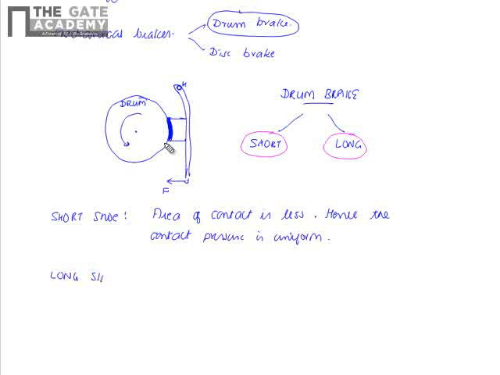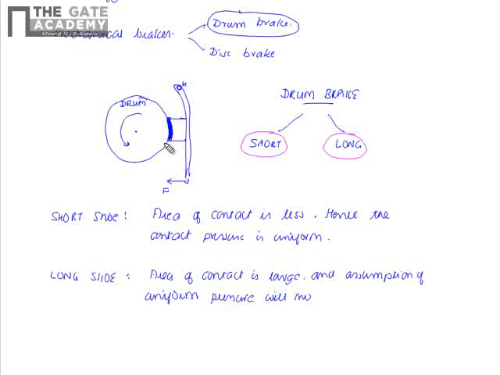That is, for the long shoe, the area of contact is large, and the assumption of uniform pressure will no longer be valid for a long shoe. So, that is the basic difference between a short shoe and a long shoe.